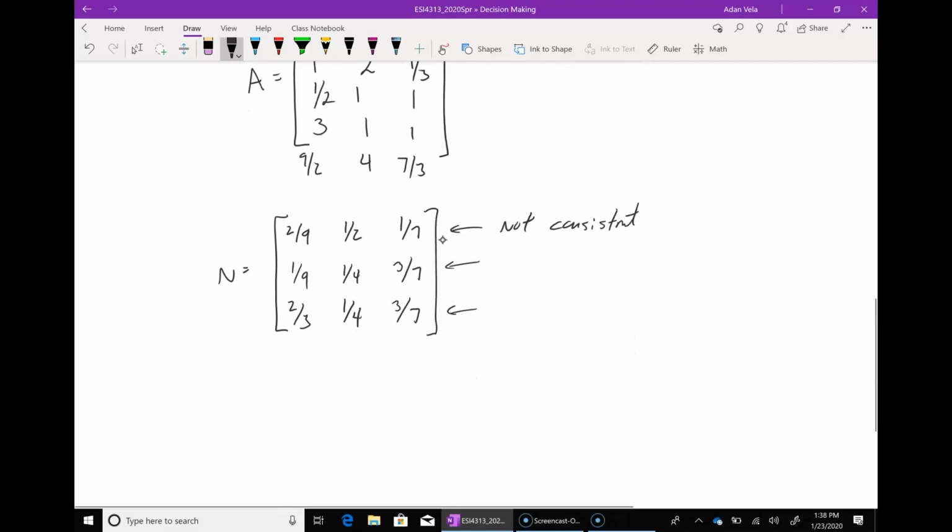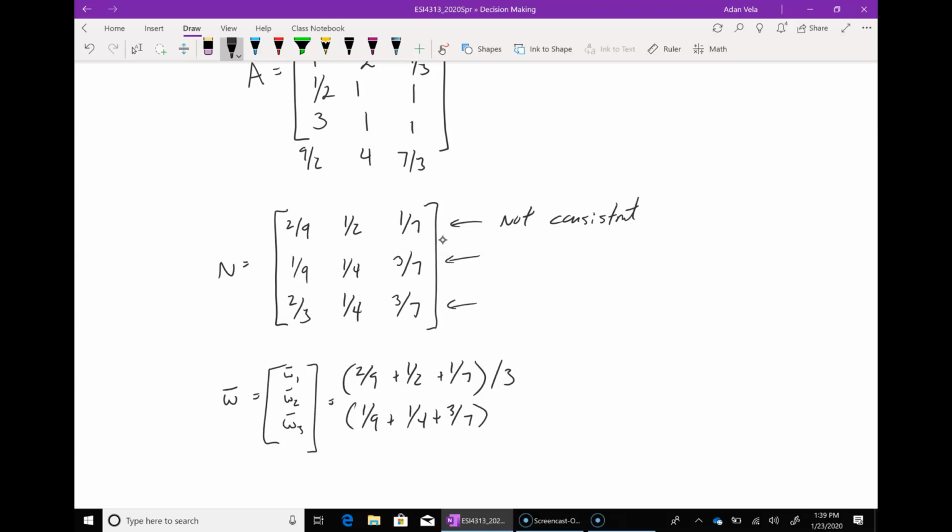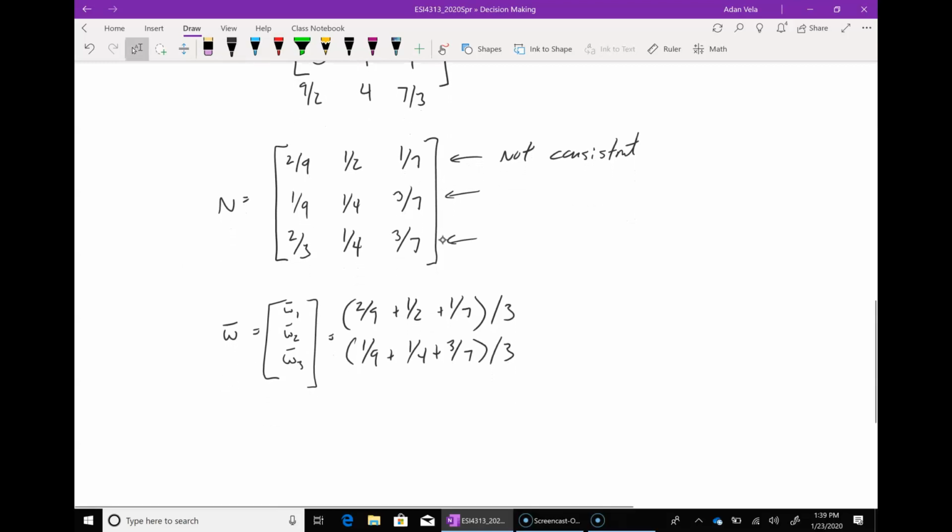To figure out the average weights W1, W2, and W3, we do 2/9 plus 1/2 plus 1/7 divided by 3. Then 1/9 plus 1/4 plus 3/7 divided by 3. And finally, 2/3 plus 1/4 plus 3/7 divided by 3.